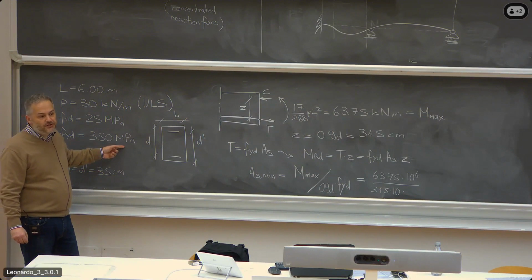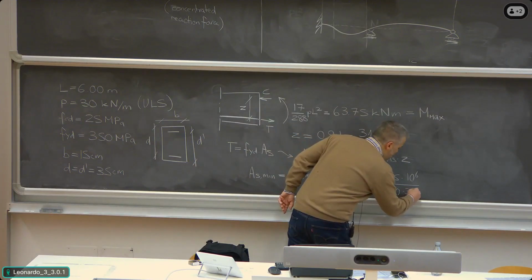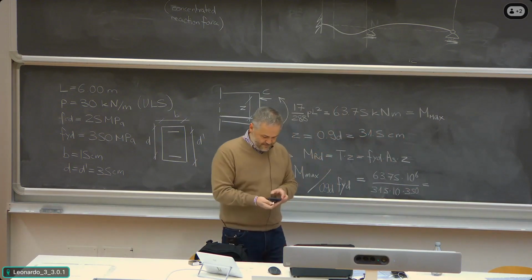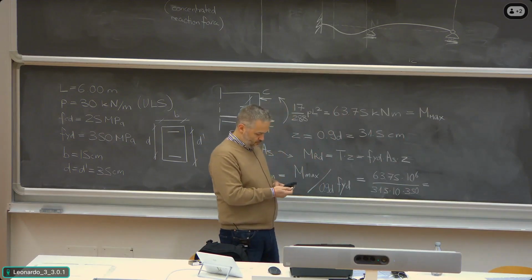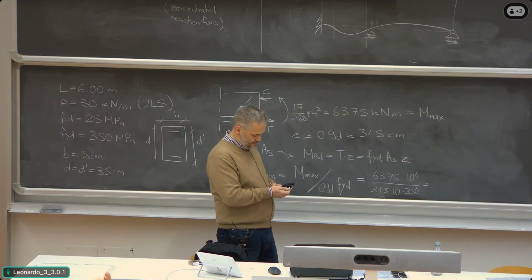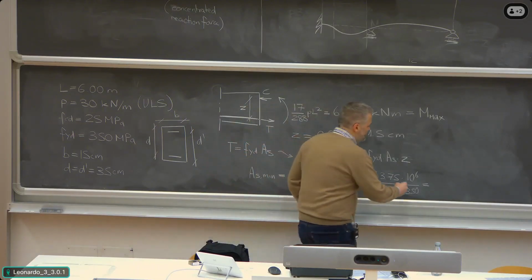So this is already consistent with what we have. So I will simply put here 350. The math gives us 10 to the power of 6 divided by 315 times 350. The result is 578 square millimeters.